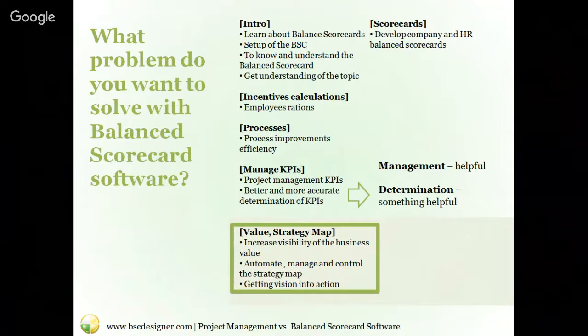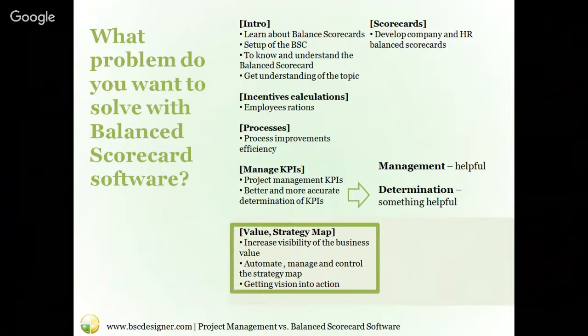Why do I believe those answers are good ones? Because that's actually where the Balance Scorecard helps, and that's where the Balance Scorecard software helps. The software can also manage the KPIs, and the KPIs have some role in the Balance Scorecard.